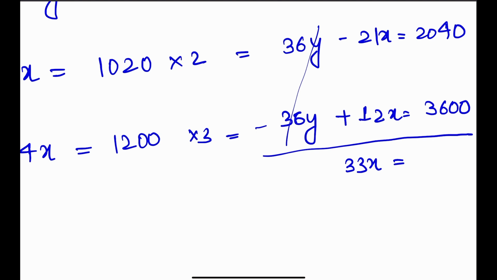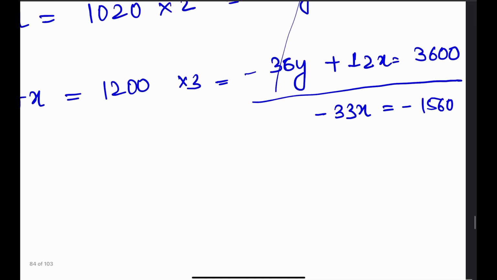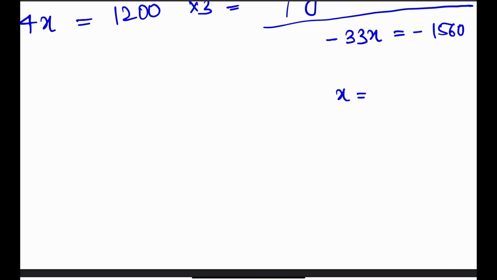Minus 33x will be equal to, so 1600 minus 40, right? So 1560, minus 1560. So my value of x will be 1560 upon 33.